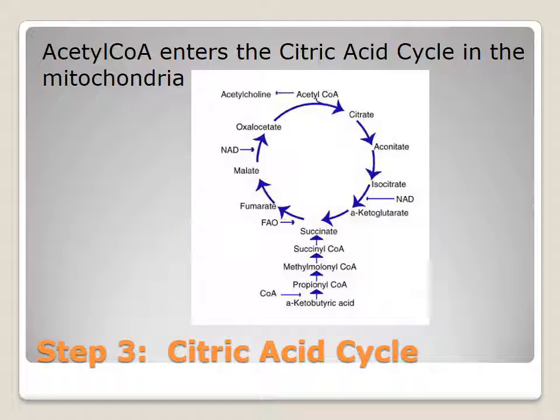I'm not interested in you knowing those steps, nor am I interested in you knowing the enzymes that produce them. What you need to understand, the big thing you need to know here, is that there are lots of steps. Each of those steps is an enzyme-mediated reaction. Now, if it's enzyme-mediated, that means you could speed it up or slow it down by environmental controls.